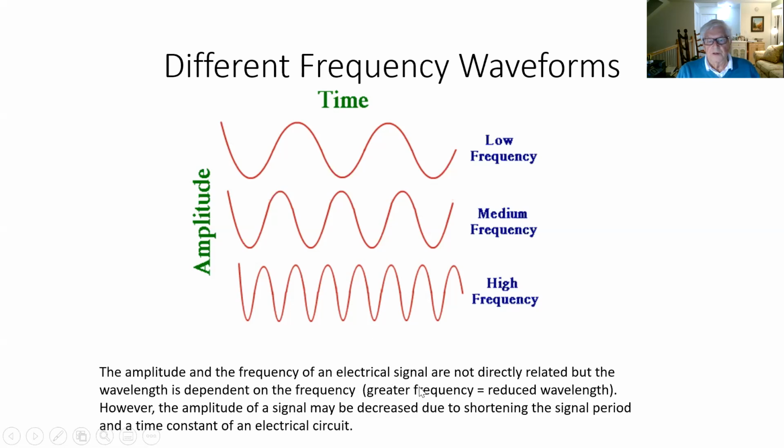As I just mentioned, the greater the frequency, the smaller the wavelength. The amplitude of the signal may be decreased by shortening the signal period. In other words, if we shorten the signal period, we could reduce the amplitude because of the time involved to reach those peaks. But we get somewhat of a different waveform.